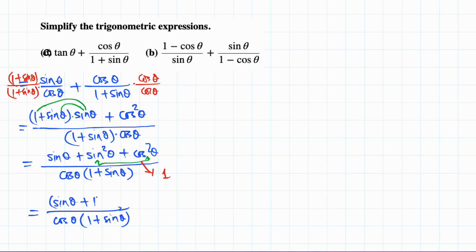We can put parentheses around, so this is quantity 1 plus sine theta, the same thing. So we can cancel. That leaves cosine theta on the bottom. On the top, nothing means 1. So 1 over cosine theta. That's the final answer, and we can simplify further. The reciprocal of cosine is secant.